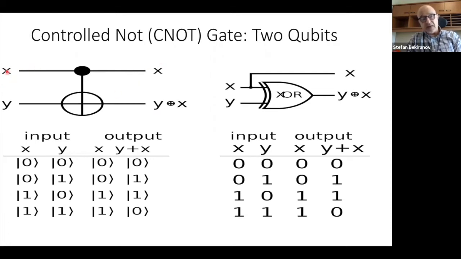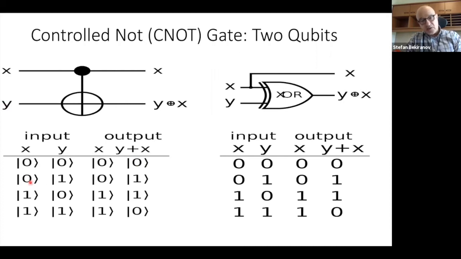I have the X qubit and the Y qubit, and let's say the X qubit is in state 0. Then the state of Y just passes on to the end as is. So here the input is 0 for X, and Y is 0, Y remains 0.